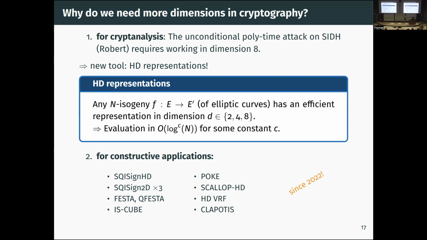Probably you've heard about the SQIsign protocol, which is submitted to the NIST competition. This SQIsign protocol has many nice properties, but one problem with it was that the signing took quite long in the signature scheme.